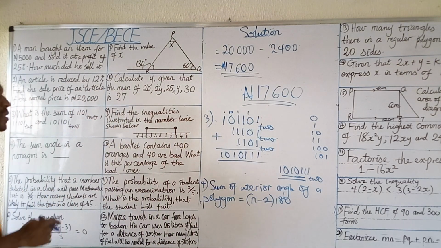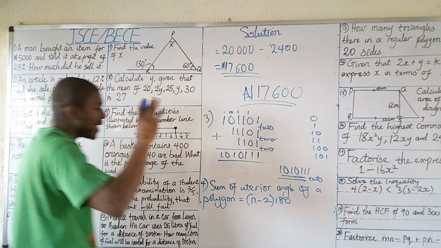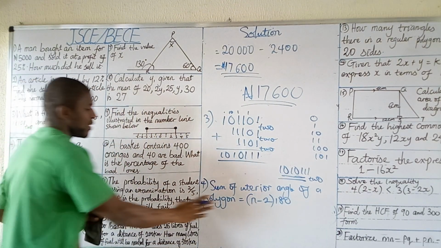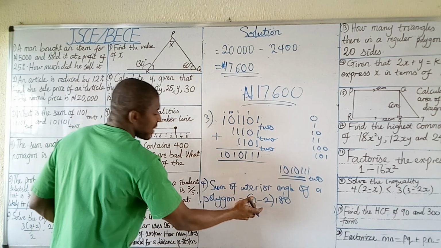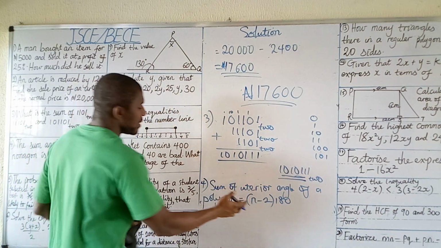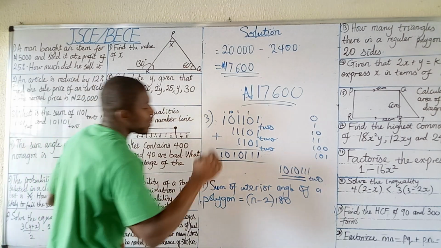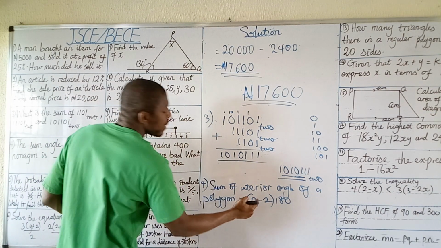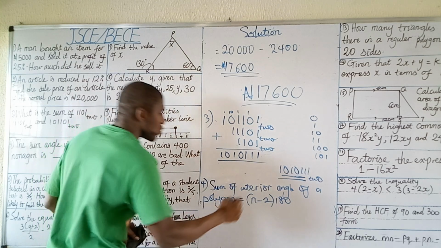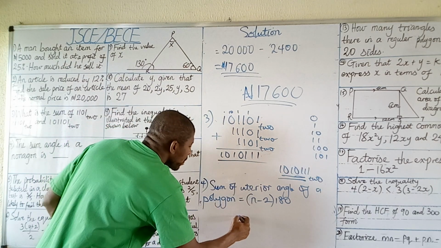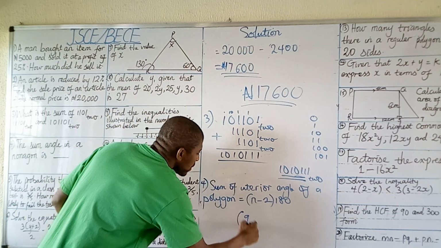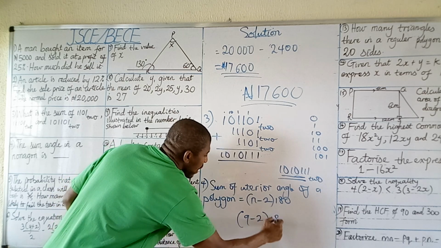If I want to get the sum of angle in any particular polygon, this is the formula I'm going to use. This n stands for number of sides. Since the one we are working on says nonagon, nonagon is 9 sides, so my n will be replaced with 9. So I will say, okay, bracket open 9 minus 2 times 180.